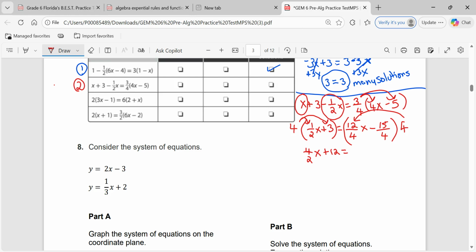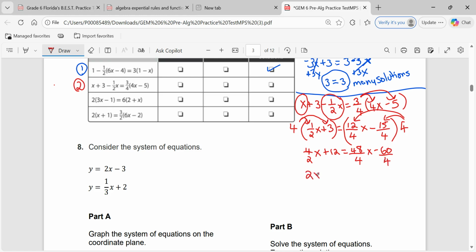I already have that one. 4 times 12. 12 over 4 is 3, but that's fine. 4 times 12 will give me 48 over 4x. And then we have minus 4 times 15, which is going to give us 60 over 4. Then I simplify it.